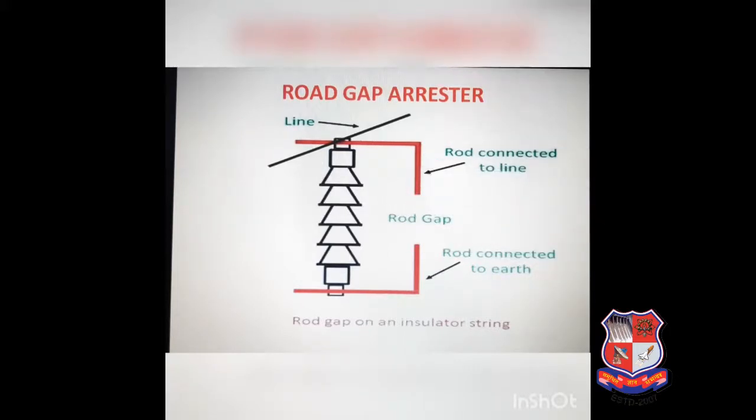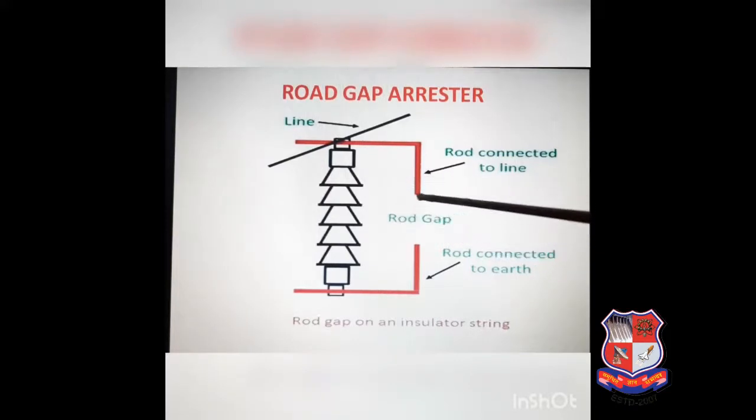Now let us understand the working of the rod gap arrestor. During normal voltage, what happens? This gap is non-conducting, so the line voltage goes into the equipment. But when a high voltage surge occurs on the line, the gap sparks and it becomes conducting.